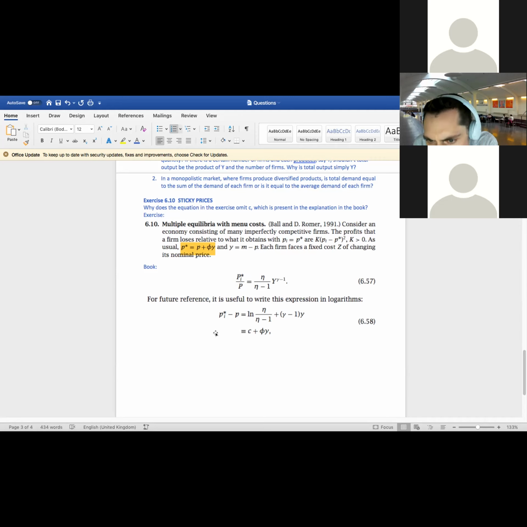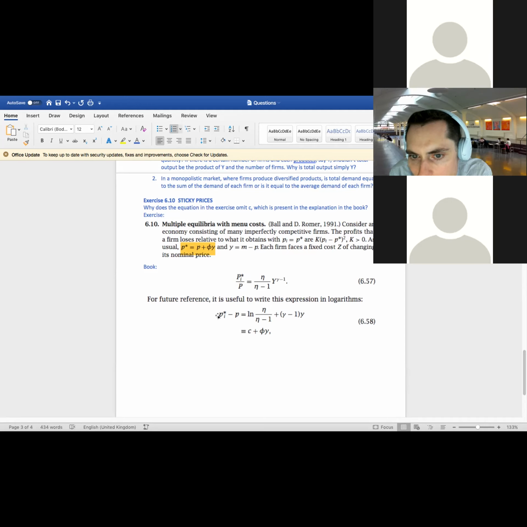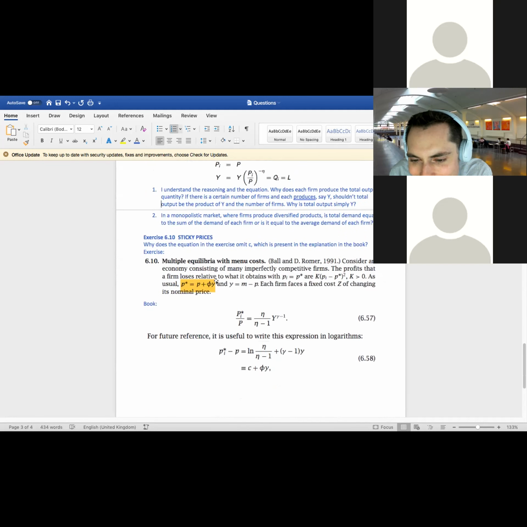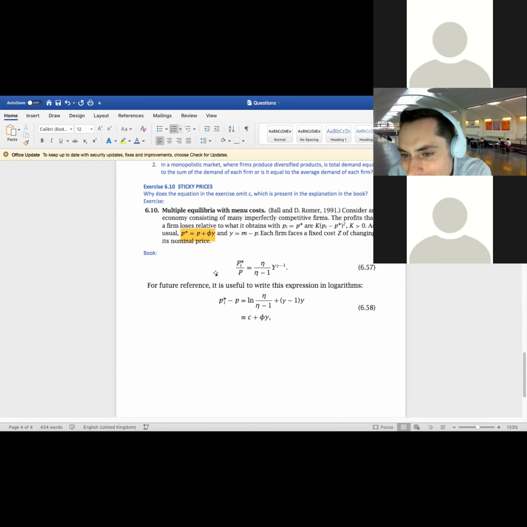Yeah. But P star is not in the part from the book, so not 6.58, but in 6 point above there. The yellow part that's highlighted there in yellow. That is P star here, the choice, right? Yeah.